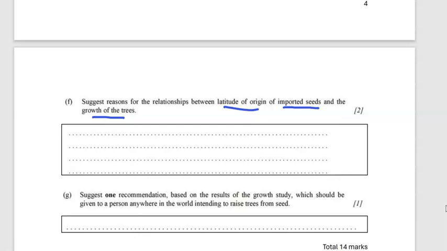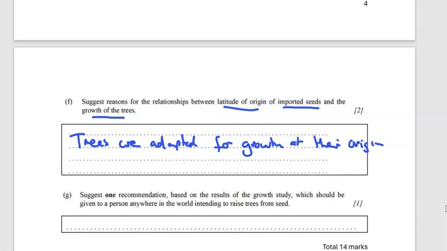So I think we need to say that the trees are adapted for growth at their origin. I think we're suggesting better growth at their origin.